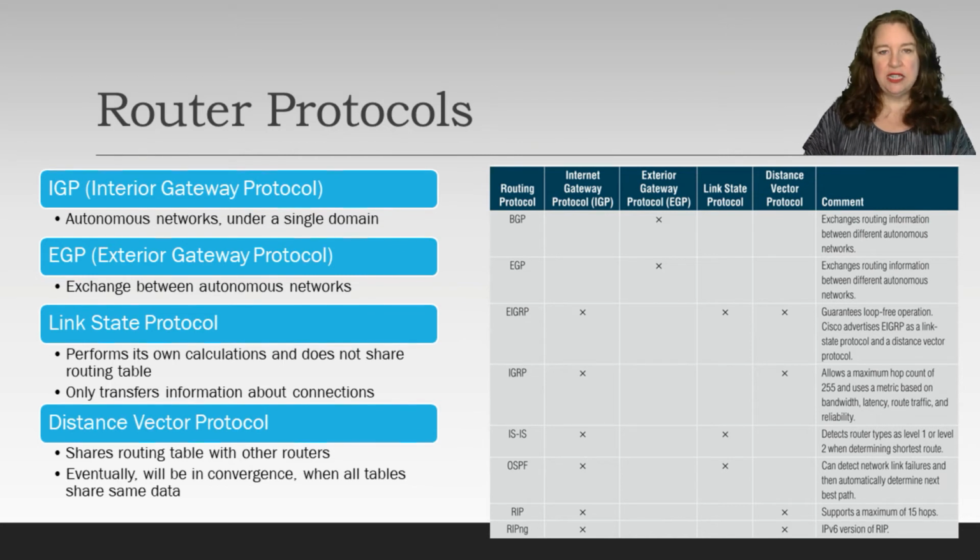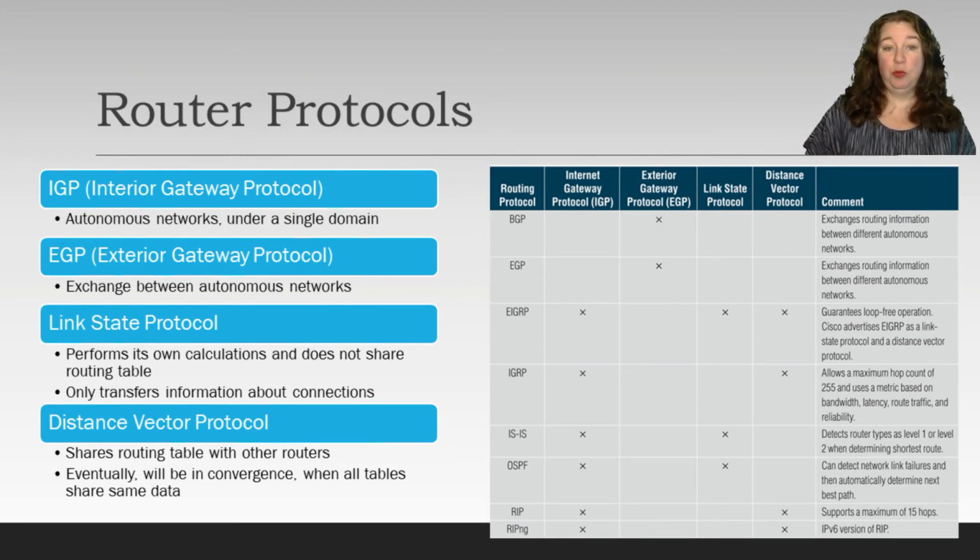So within the single network, or between 2 different networks, is the difference between interior and exterior gateway protocol. So within my personal network, my singular autonomous network in a single domain, or between multiple autonomous networks. That's interior and exterior. Exterior between multiple, interior to stay inside.